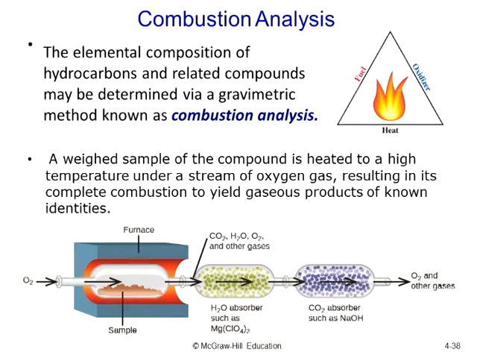Complete combustion gives carbon dioxide as the carbon species. Incomplete combustion, by the way, gives carbon monoxide. This diagram shows you how the process works. You have the sample that's loaded in the furnace. The oxygen gas, the oxidizer, is passed across the fuel sample in the furnace, which is the heat source.